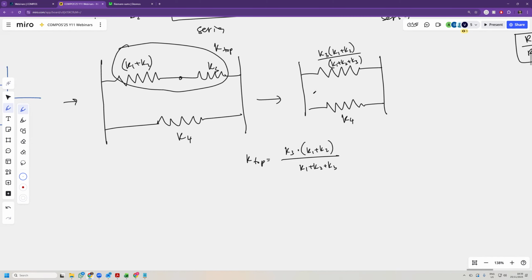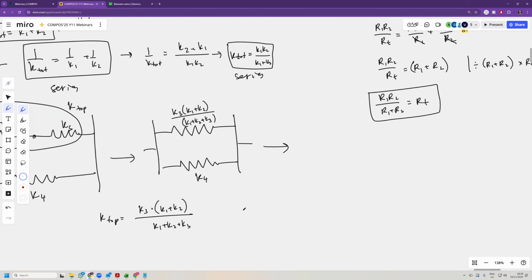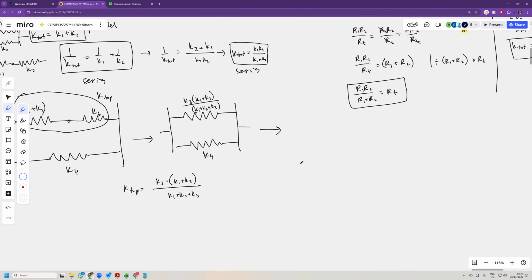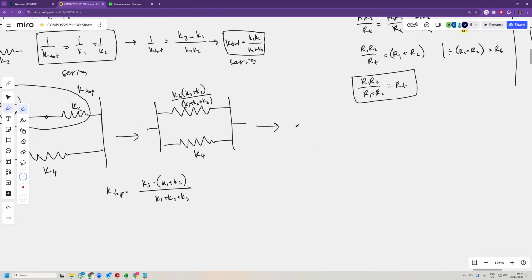And then, because they are in parallel, now we just add them up. So we have the effective spring constant. We can replace this by a single spring with spring constant K4 plus K3 K1 plus K2 over K1 plus K2 plus K3.